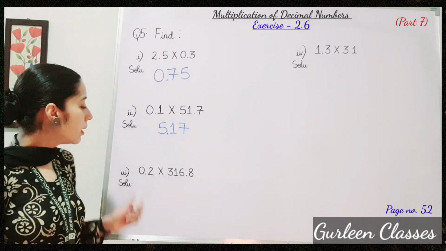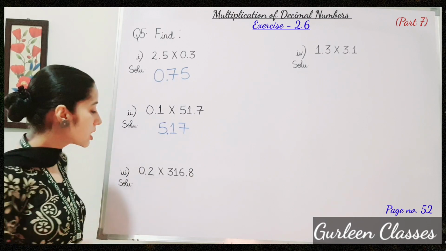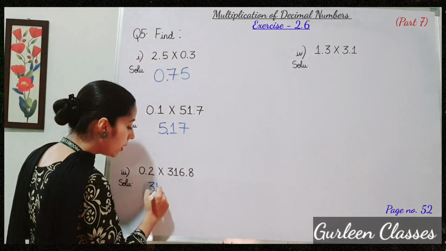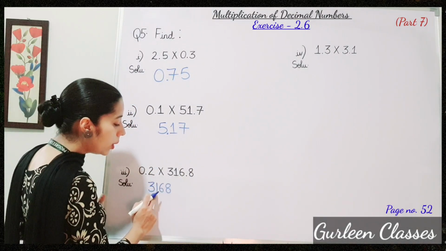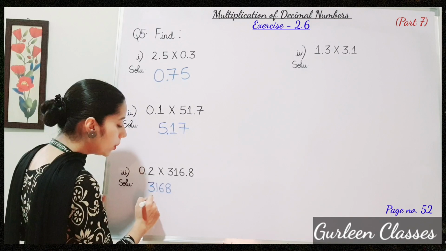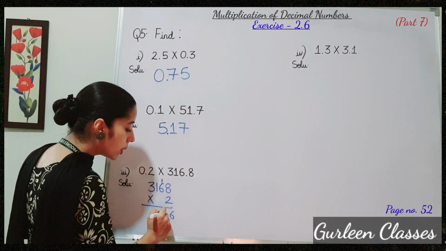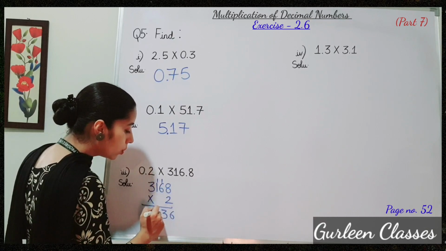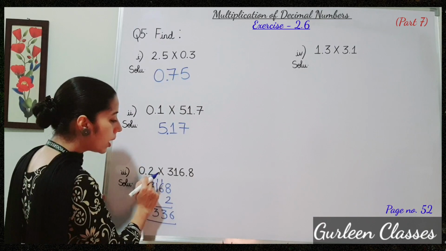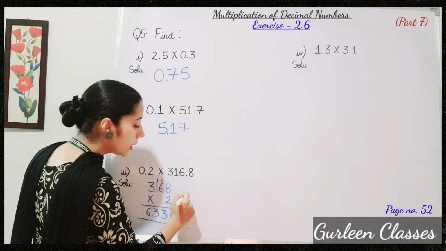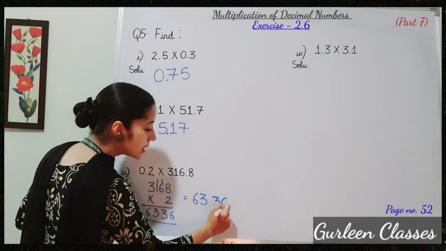Now third part, 0.2 into 316.8. So let us multiply. Ignore the decimal point. It will be 3168 into 2. 2 8s are 16. 6 2s are 12, 13. 2 1s are 2, 3. 2 3s are 6. So now after the decimal points 1 and 1, 2 digits will be there. Answer is 63.36.